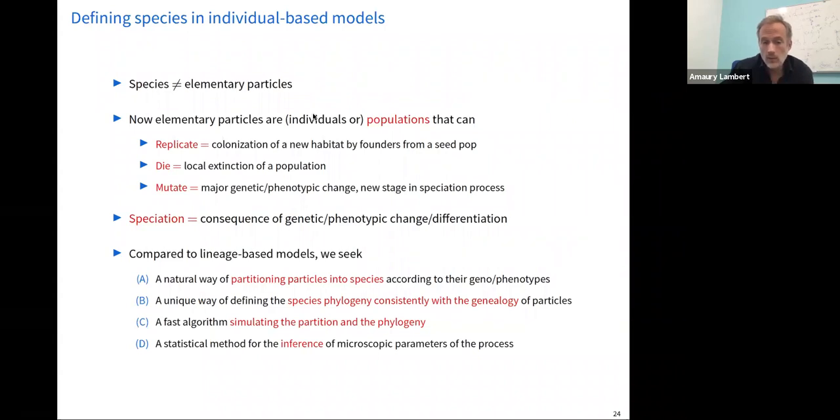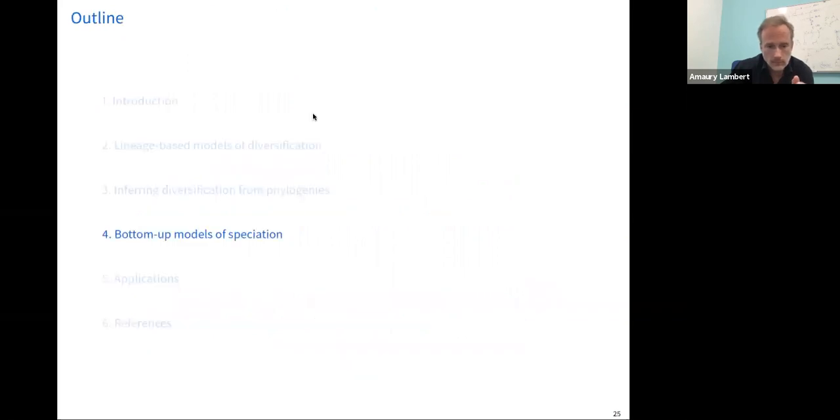In the lineage-based models, we had A, B, C, D for free, and now we have to check that we can get these items in our model. So let me present you three, let's say, embryonic works in this direction, which are attempts of modeling speciation from, let's say, first principles.